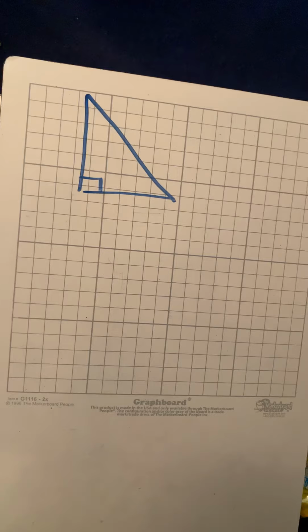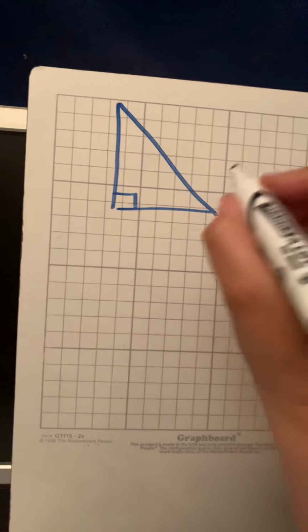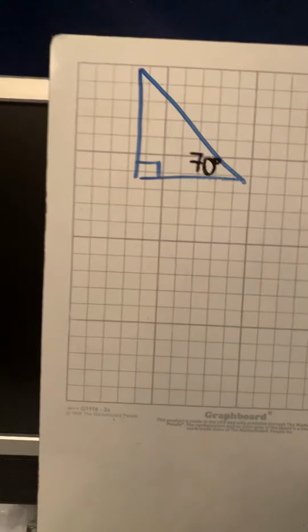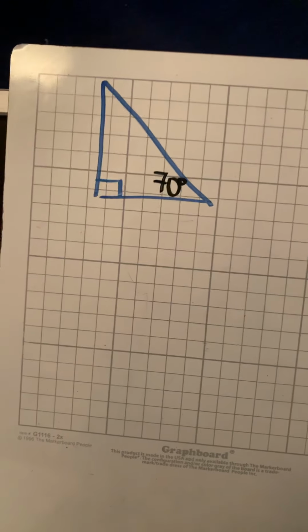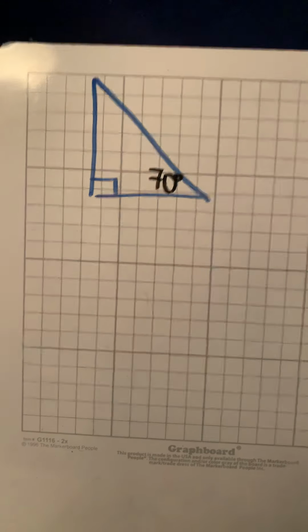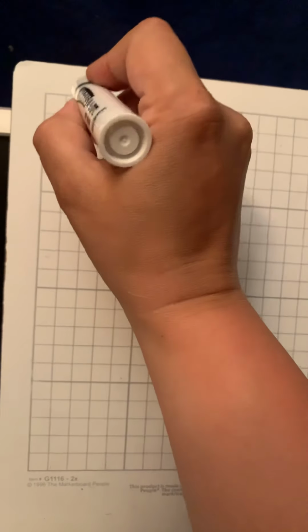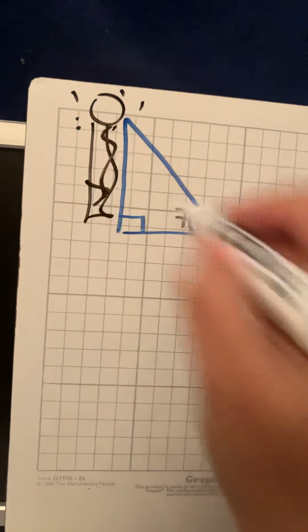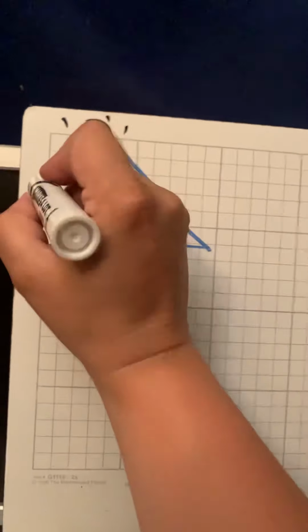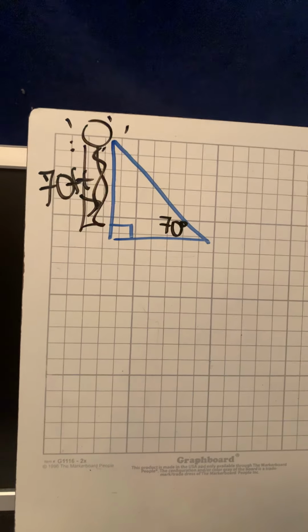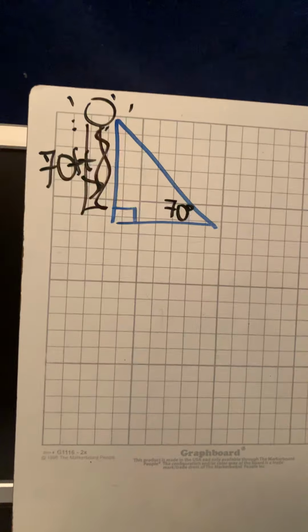So right here in this bottom corner goes that angle. The lighthouse is 70 feet tall. If this is my lighthouse, we'll draw a little light here, a little house, and it is 70 feet tall.